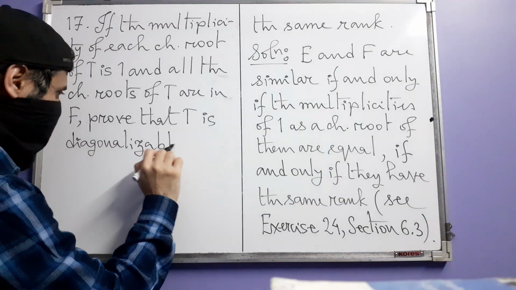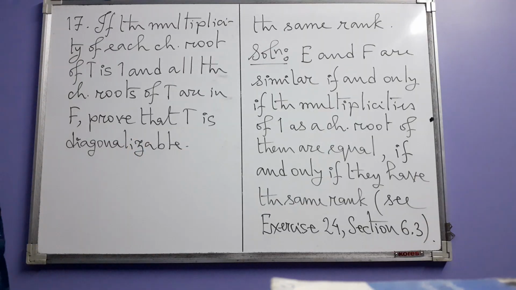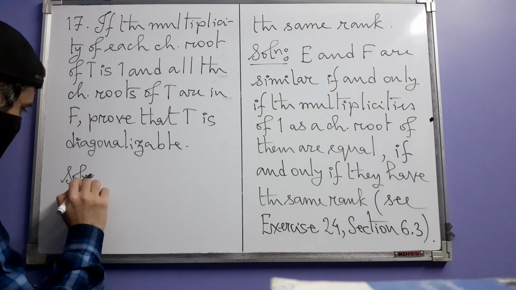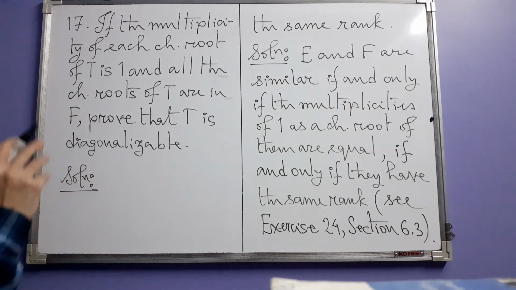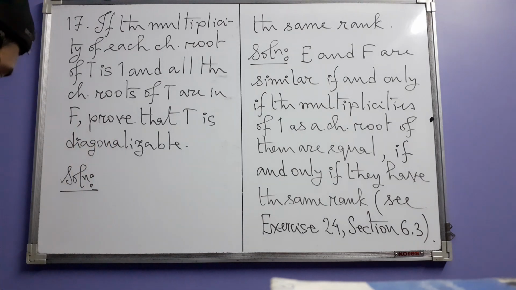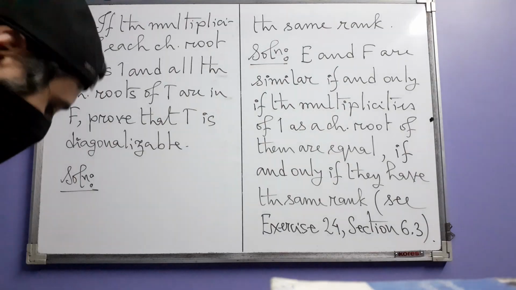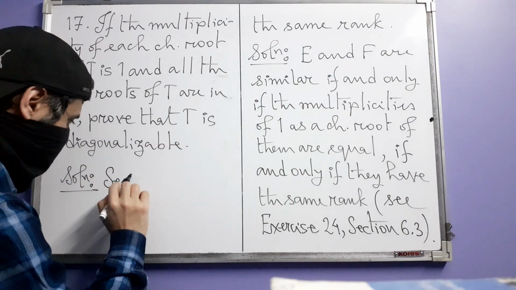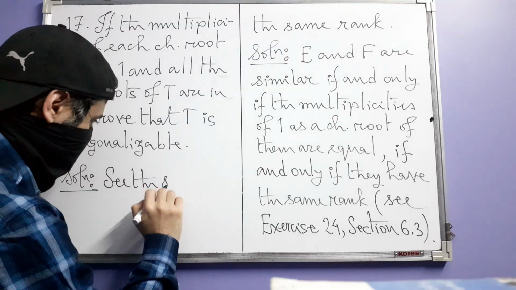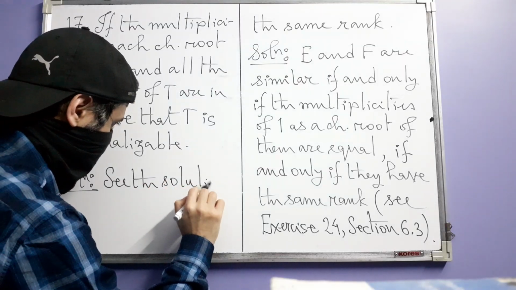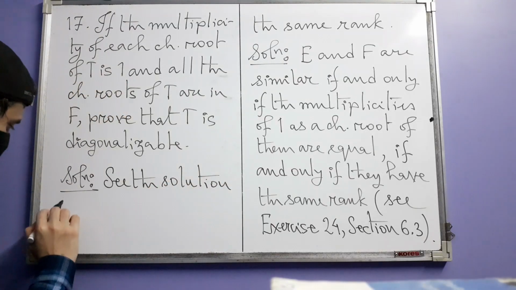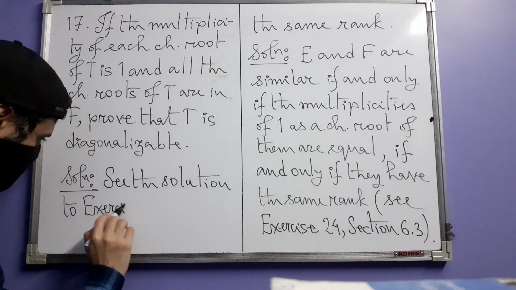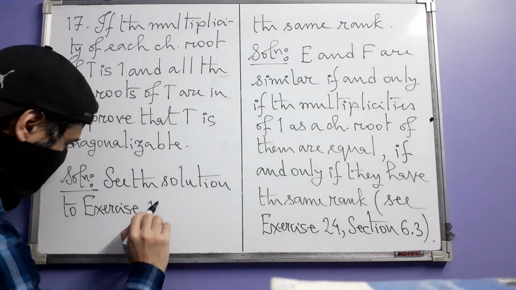Now for this also we do not have to do anything at all, because whatever we need to have this claim have already been done here. See the solution to exercise 40.